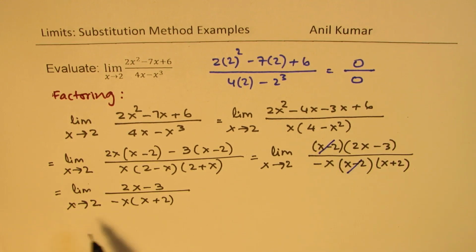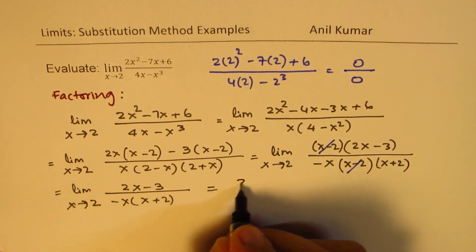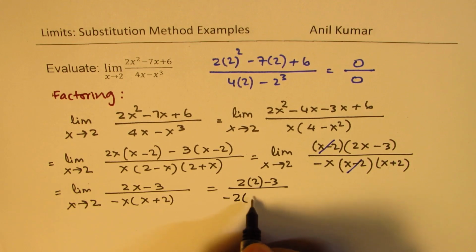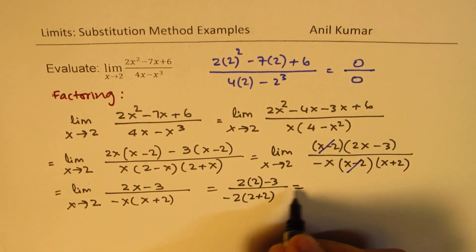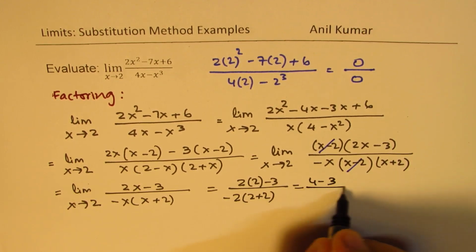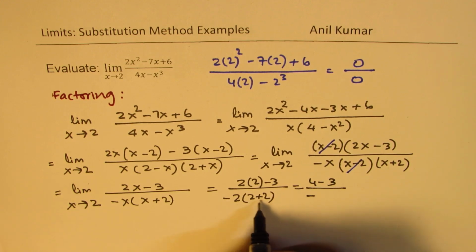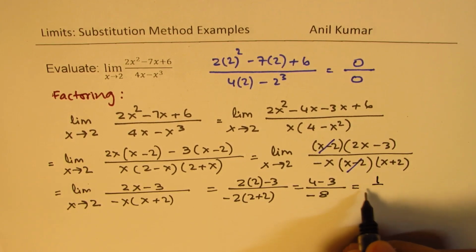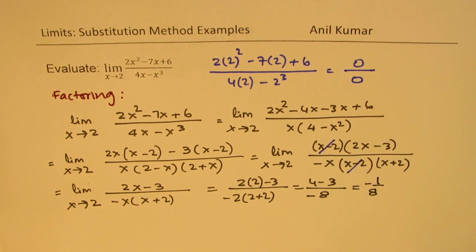Since we have cancelled, now we can substitute and get our answer. So we get 2 times 2 minus 3 over minus 2 times 2 plus 2, right? So we get 4 minus 3 over minus 4 times 2 is 8, right? Or it is minus 1 over 8 as our answer.